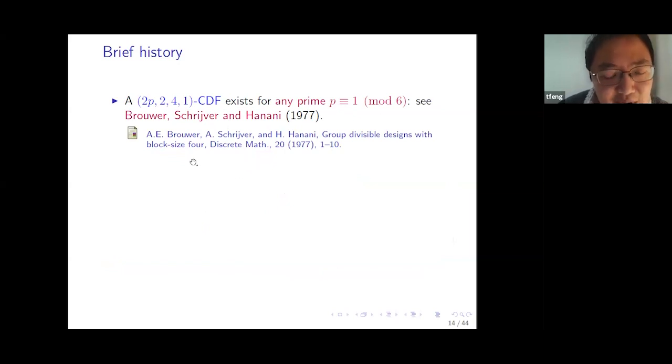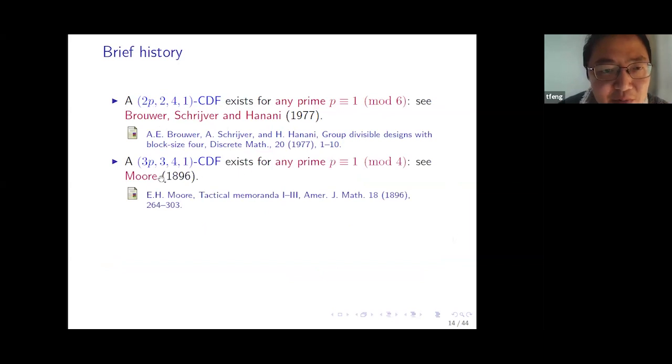I will mention two standard references on this topic. For h equal to 2, a (2p,2,4,1)-CDF exists for any prime p congruent to 1 modulo 3. And for h equal to 3, a (3p,3,4,1)-CDF exists for any prime p congruent to 1 modulo 4. These are the two classical results.